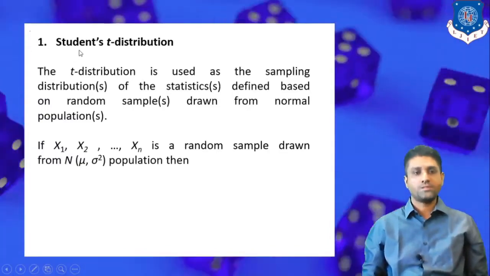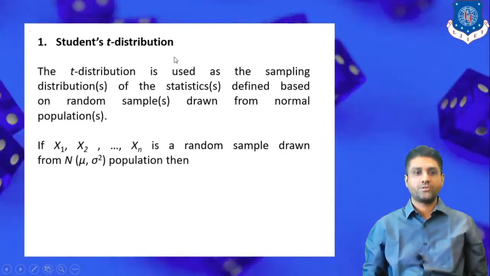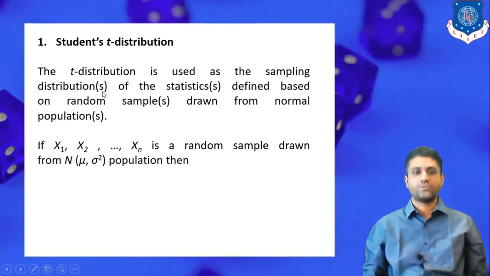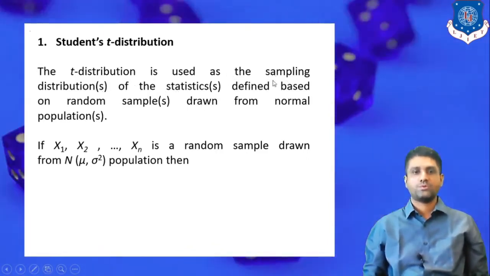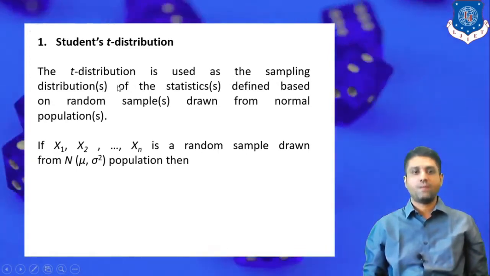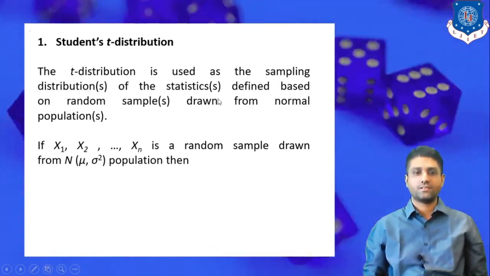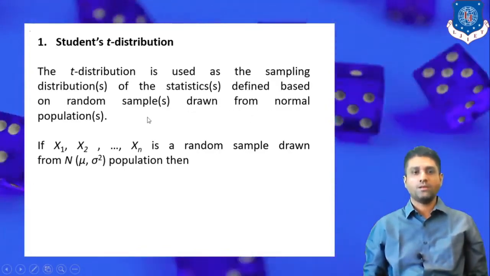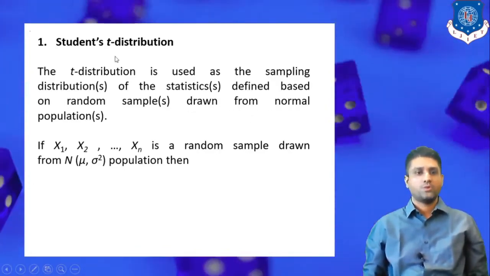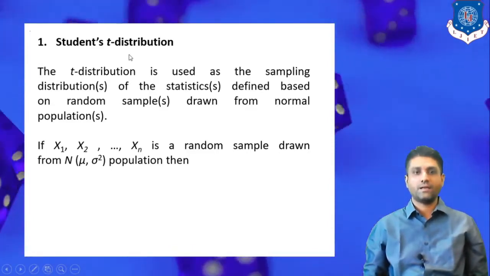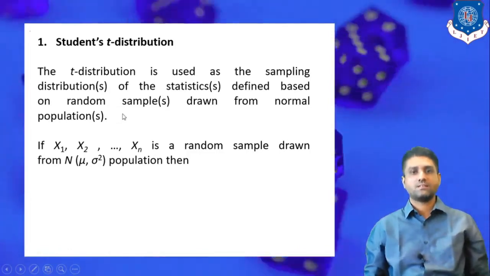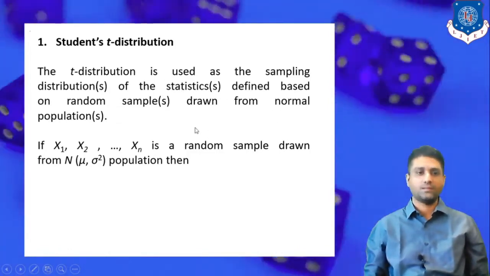The first application of the student t-distribution is that the t-distribution is used as a sampling distribution. This sampling distribution of the statistic is defined based on a random sample drawn from a normal population, so the data are distributed normally.